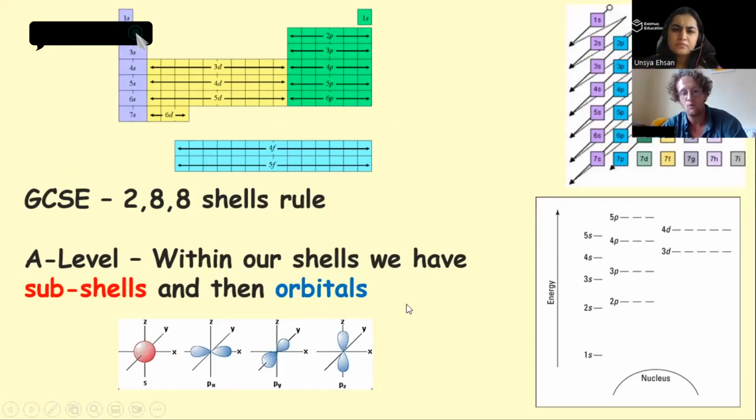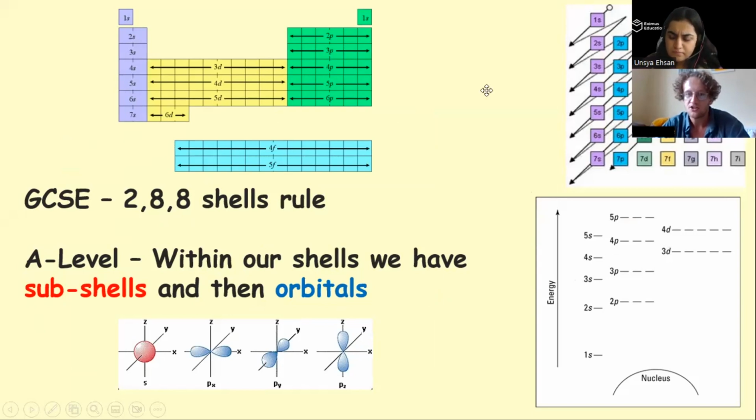At A level, we just need to know that within these shells, we have subshells, and within that, we have orbitals. Okay, so I want you to look at this picture here on the bottom right. This represents a snapshot of an atom, and it's just a blank template.